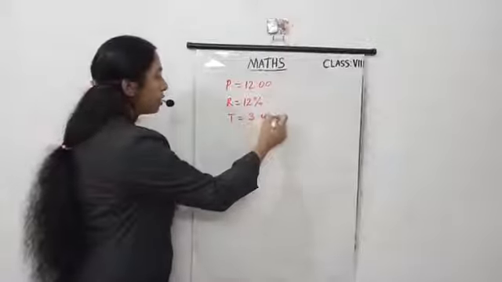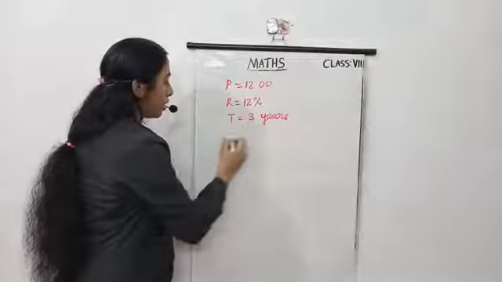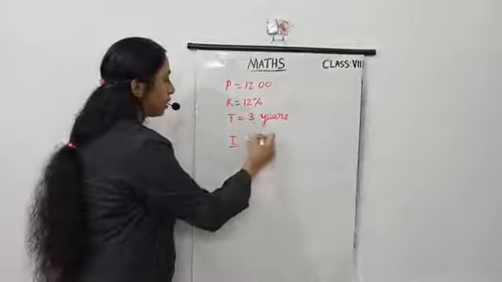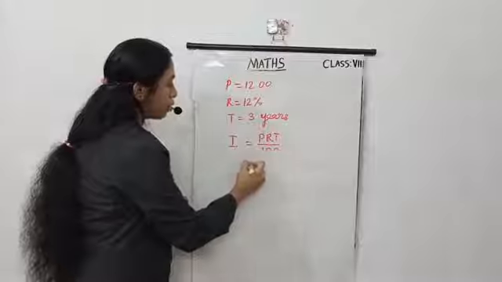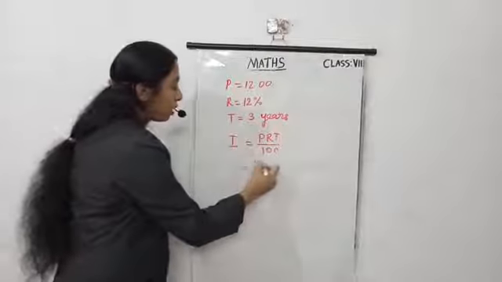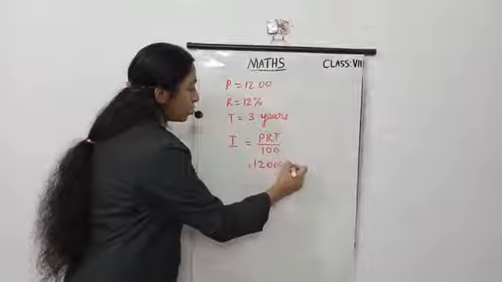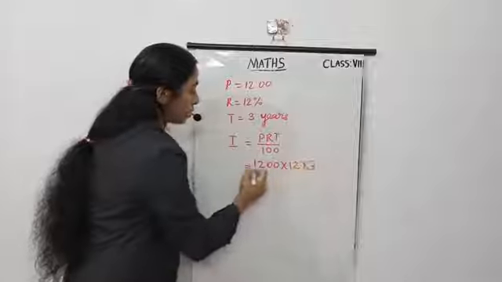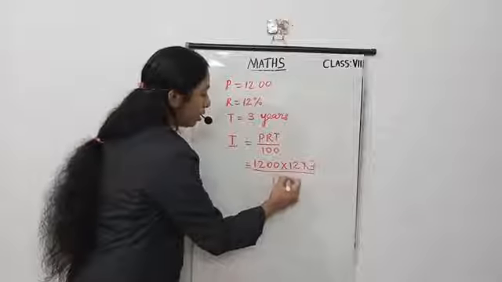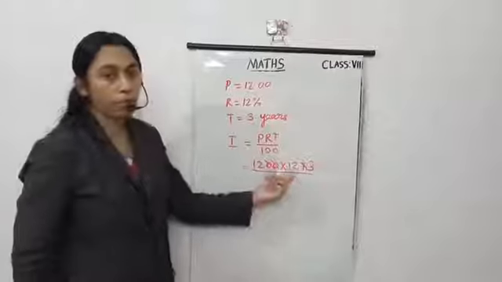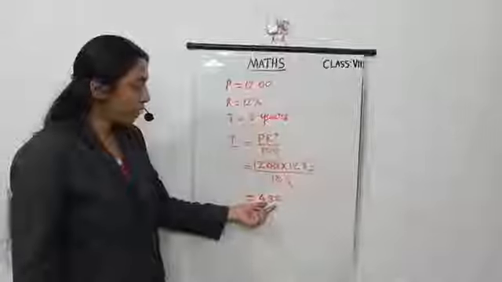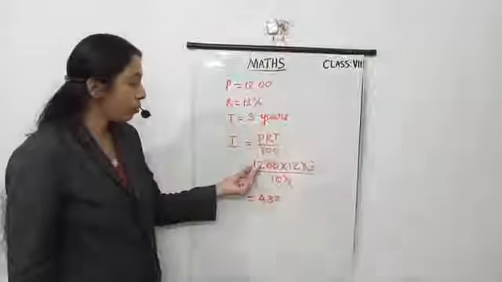So first calculate simple interest, PRT by 100. This is equal to P 1200 into rate 12 into 3 years by 100. Now we can cancel the zeros. Now multiply: 12 into 12 into 3, we get 432.